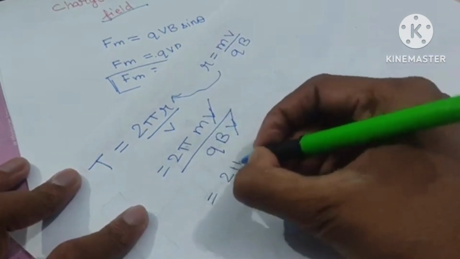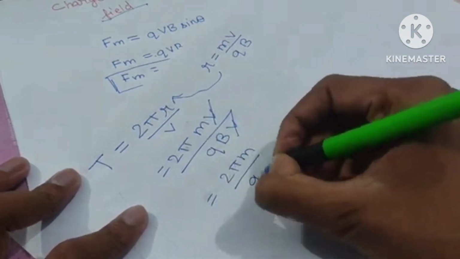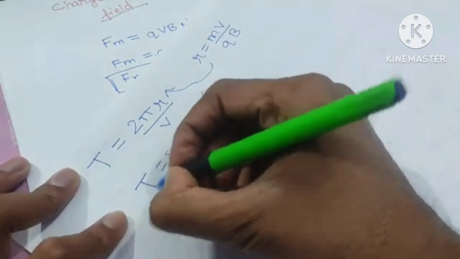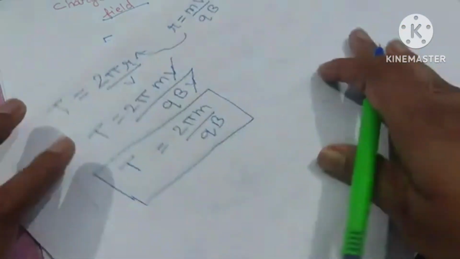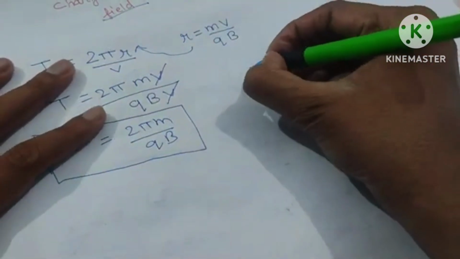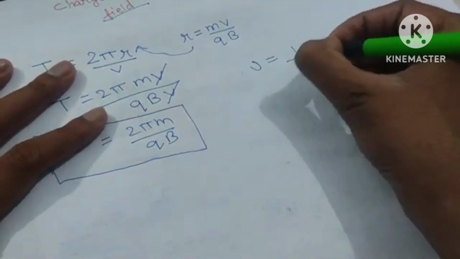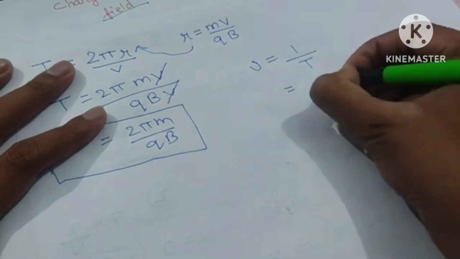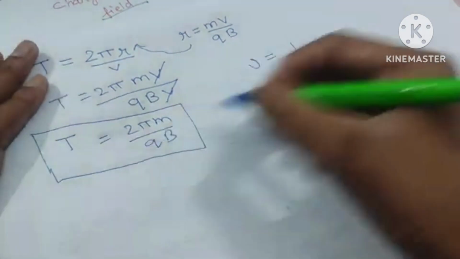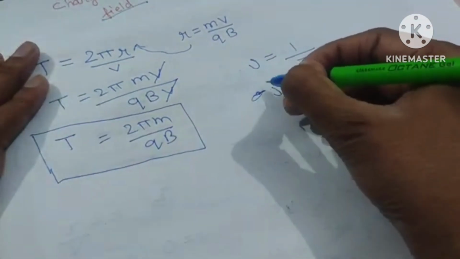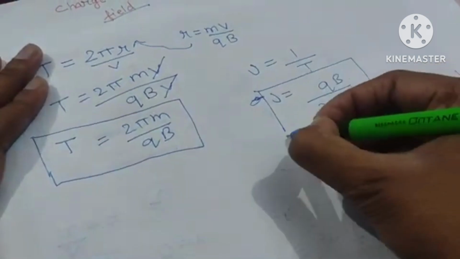It will become 2πm by qB, which is the time period T. Now for frequency, we know frequency is inversely proportional to time period, so it will become qB by 2πm, just the opposite of the time period.